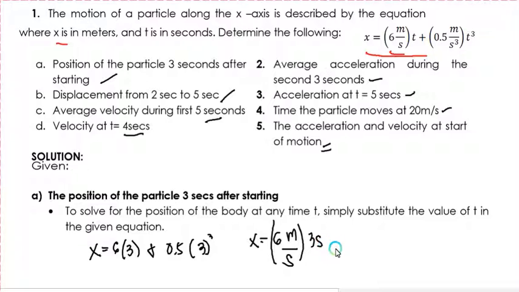So plus I have 0.5 meter per second cube. Then multiplied by the values ng aton nga time na given which is 3 second. So cube.